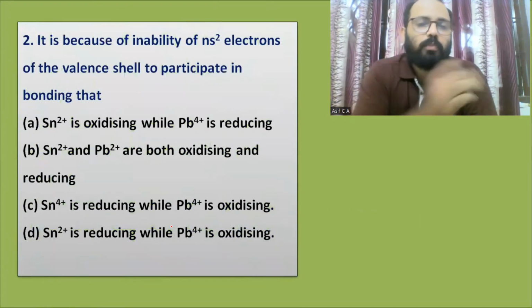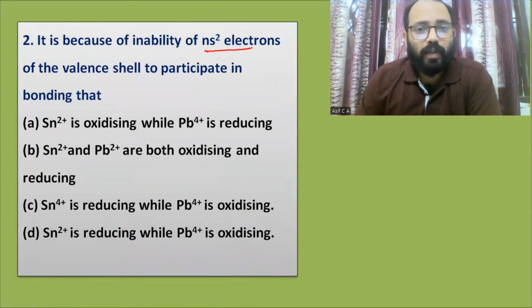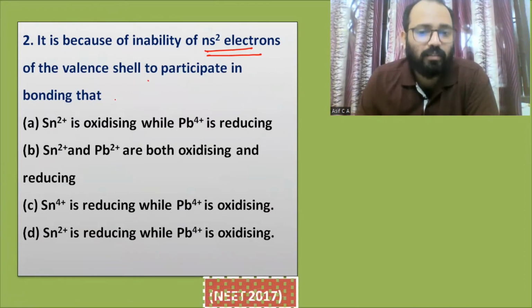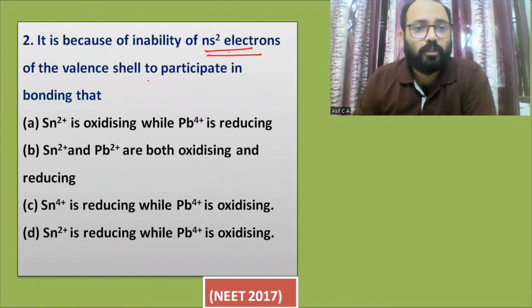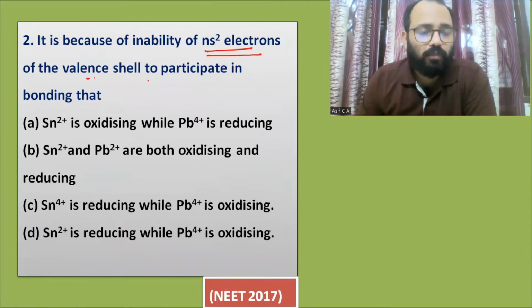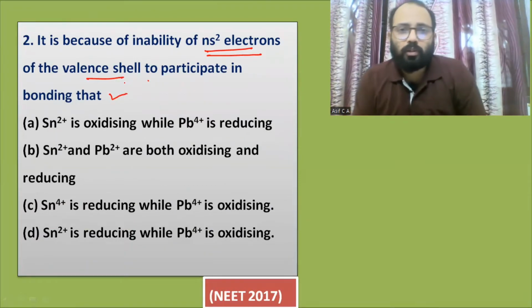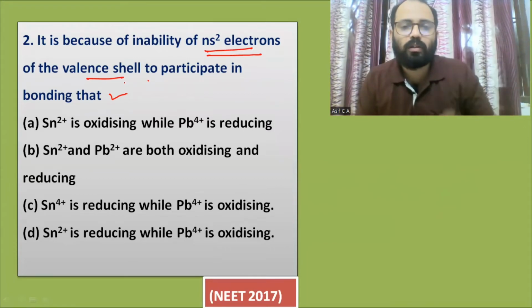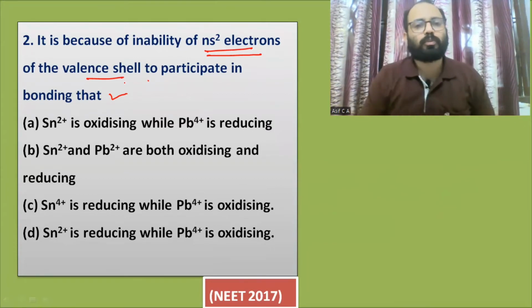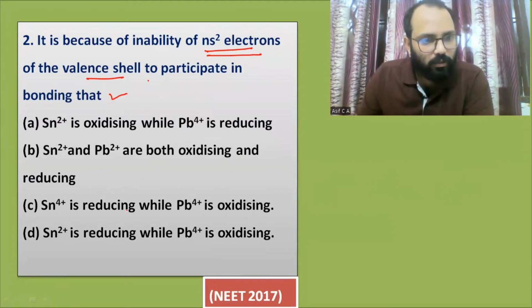Now we'll be moving to the questions. It is because of the inability of ns2 electrons of the valence shell to participate in bonding that... this is NEET 2017. What is the question? Because the ns2 electrons do not participate in bonding, some process happens here. Which process are they asking about?